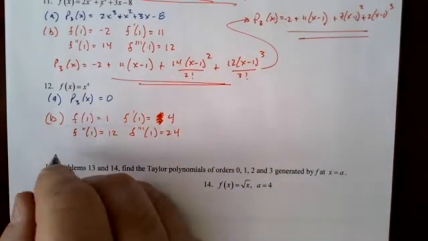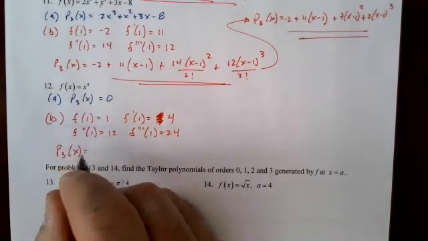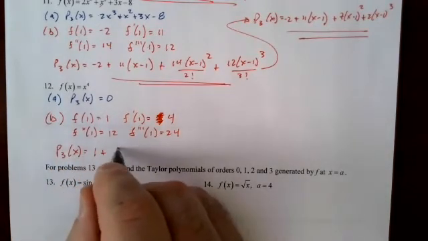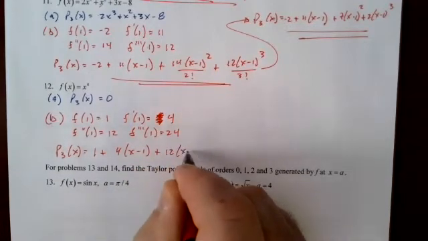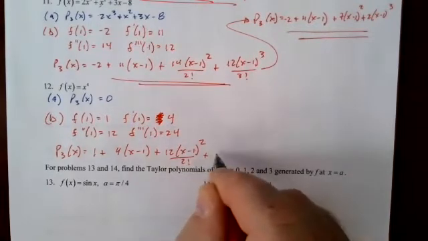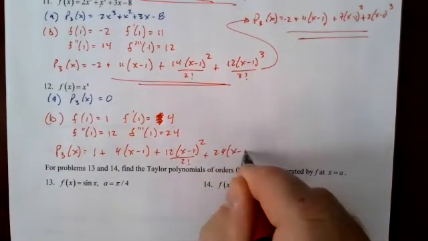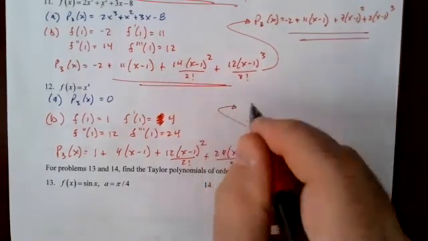Okay. Third degree polynomial: 1 plus 4 times (x minus 1) plus 12 times (x minus 1) squared over 2 factorial plus 24 (x minus 1) cubed over 3 factorial.